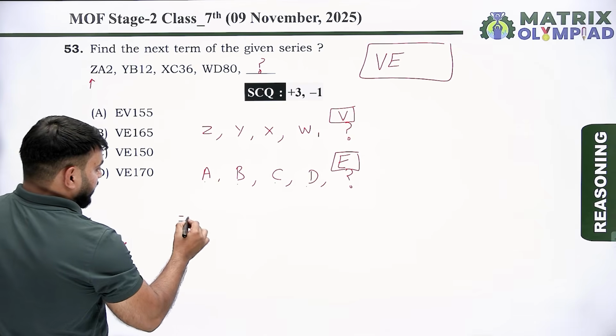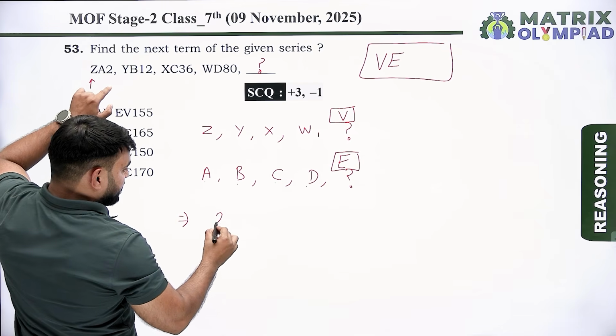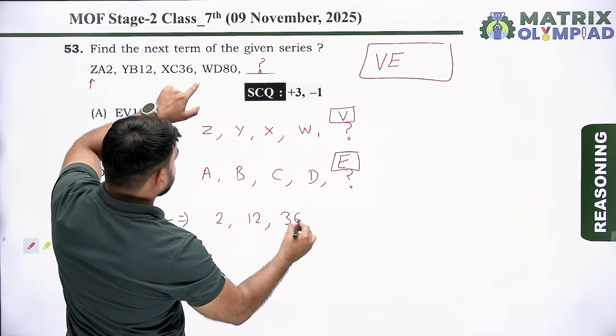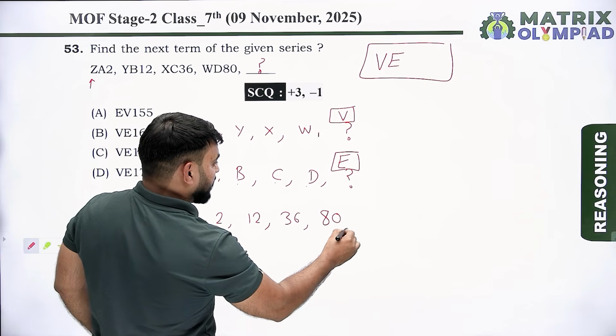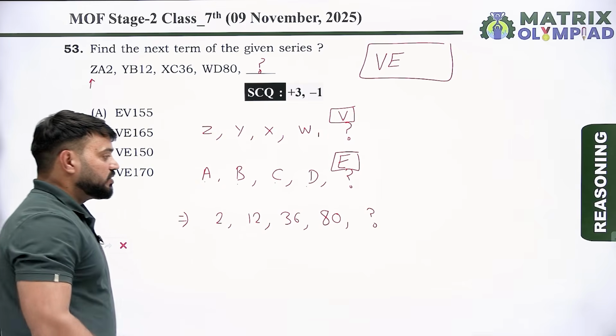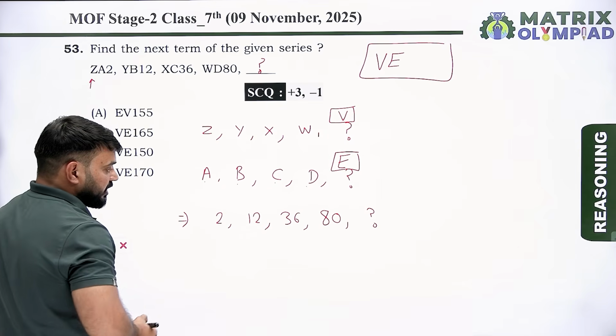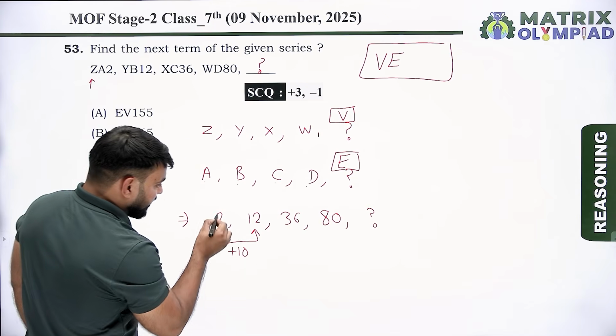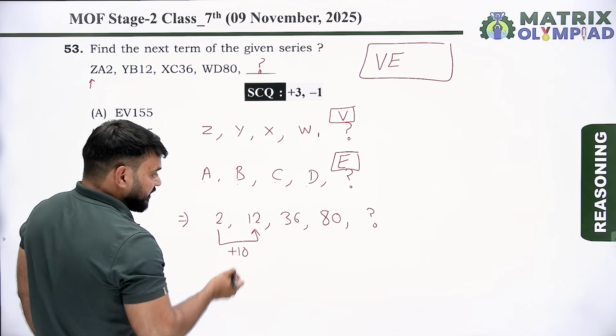Now taking numbers. So first number is 2, second number is 12, third number is 36, and fourth number is 80. After 80, next number is missing. So find the pattern of given number series. So 2 to 12, it means if 10 is added into 2, then we get 12.